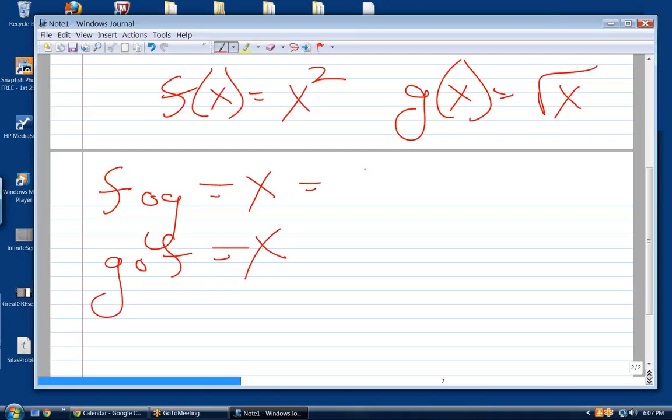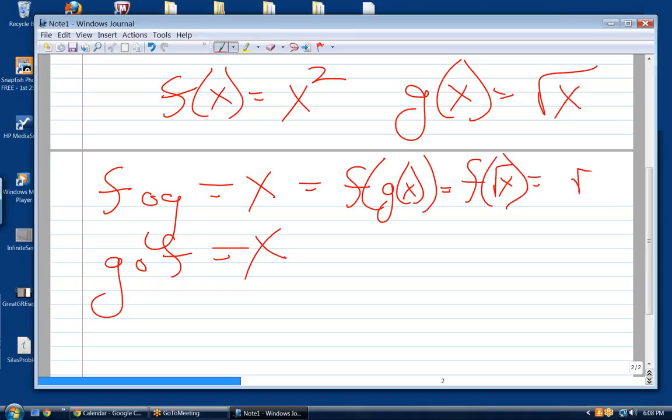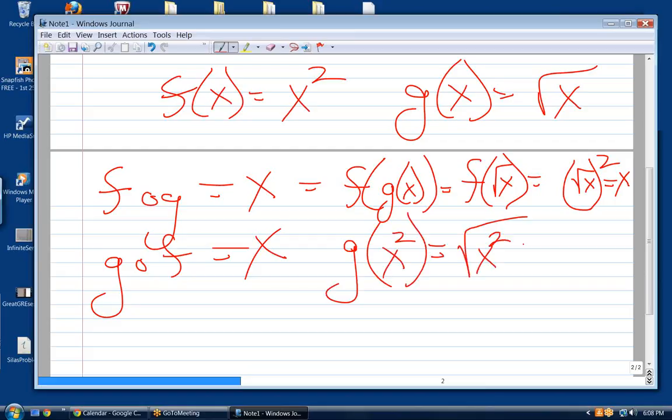Fog would be f of g of x, which would be f of square root of x, which would be square root of x squared, which does equal x. And gof would be g of x squared, which would be the square root of x squared, which would also be equal to x.